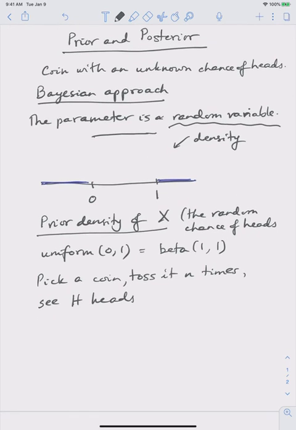And so what we do know is that if we know P, then the distribution of H is binomial. And so now this is a conditional distribution given that the value picked for the coin was P. The conditional distribution of H is binomial.